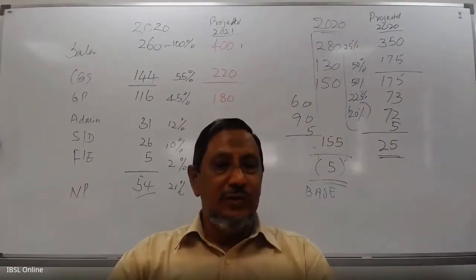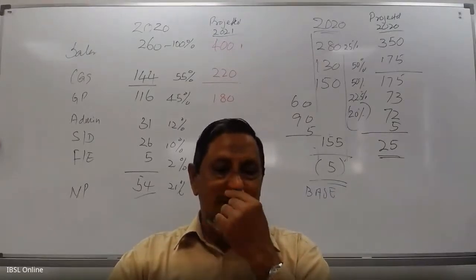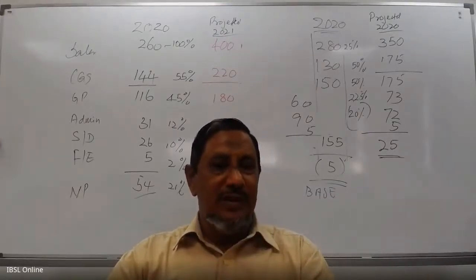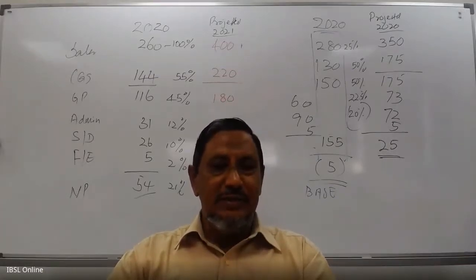The information gives us the sales, cost of goods sold, gross profit, administration expenses, selling and distribution expenses, net profit. The trader has planned to expand his business next year, projected to increase the sales by 25%.